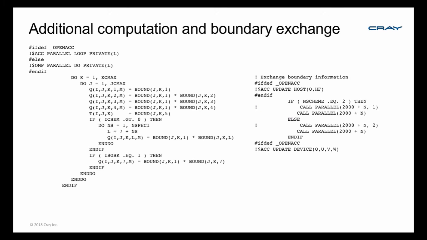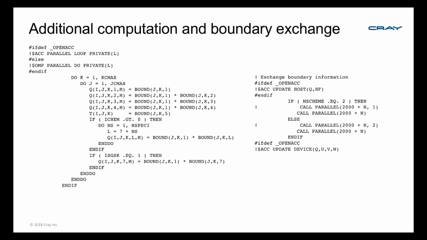And so what I have to do is update the host with Q and HF, and then update the device after that with Q, U, V, and W. Now, you can't tell that by what's being passed to parallel.